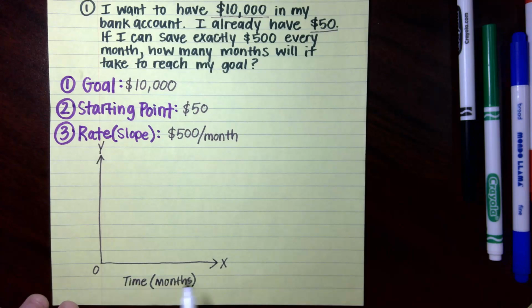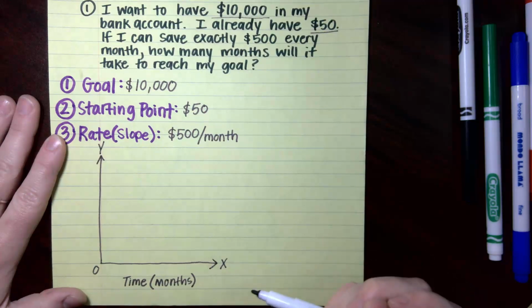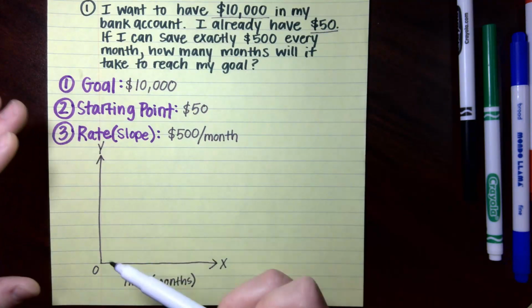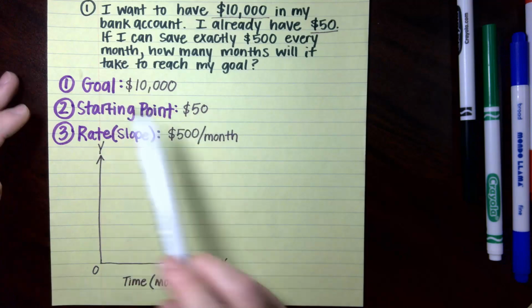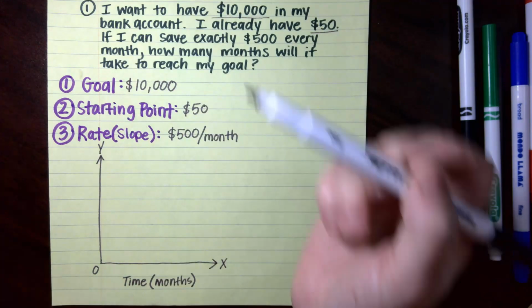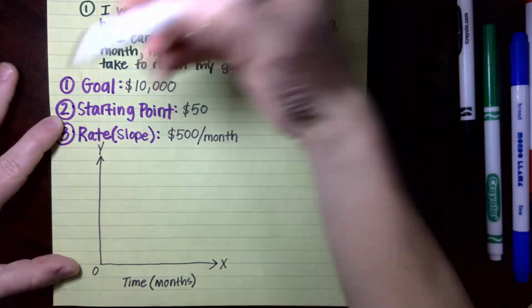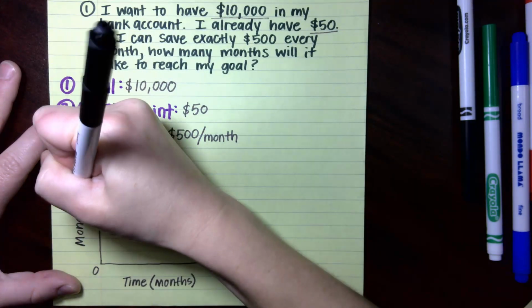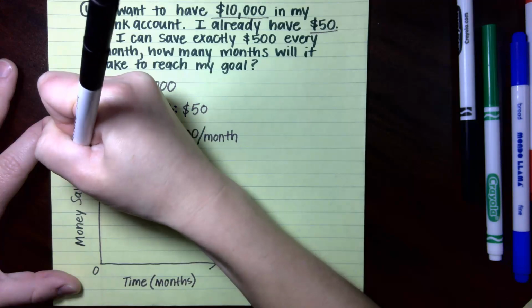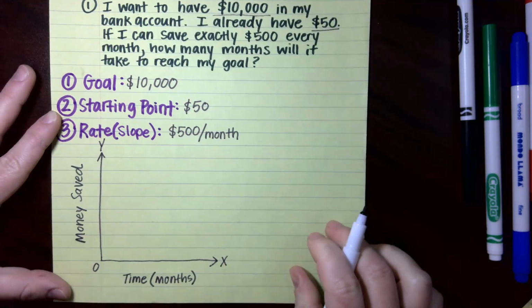That's always going to go on the x-axis. The y-axis is going to be whatever we are trying to get to, what's going to be increasing. And we're talking about money here. So my y-axis is going to measure the amount of money I have. So I'm going to write money saved.